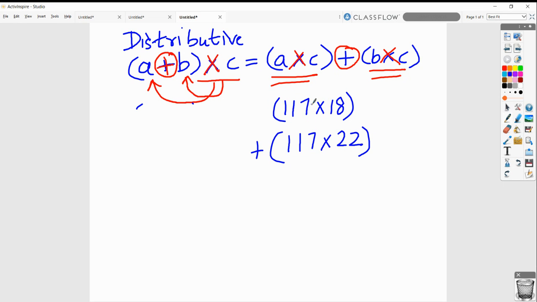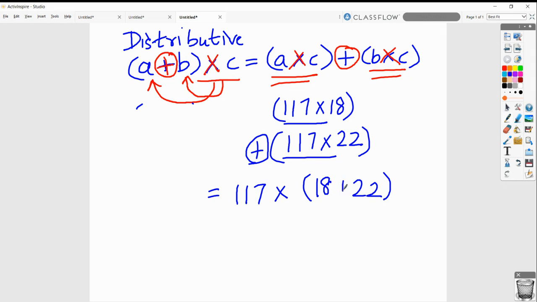Whatever is being distributed, I can take it outside. The 117 and multiply symbol, both were distributed. I can take it outside, and whatever is remaining, the 18 and the 22, I can take along with the operation given here outside. So 18 plus 22 will give you 40. 40 times 117, you just have to multiply 117 times 4.